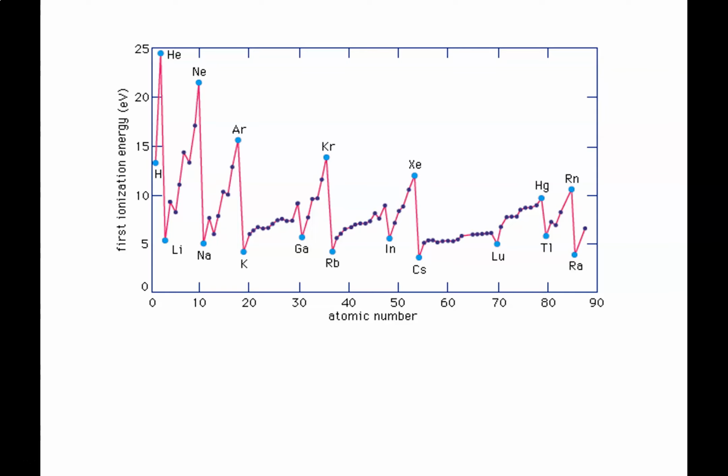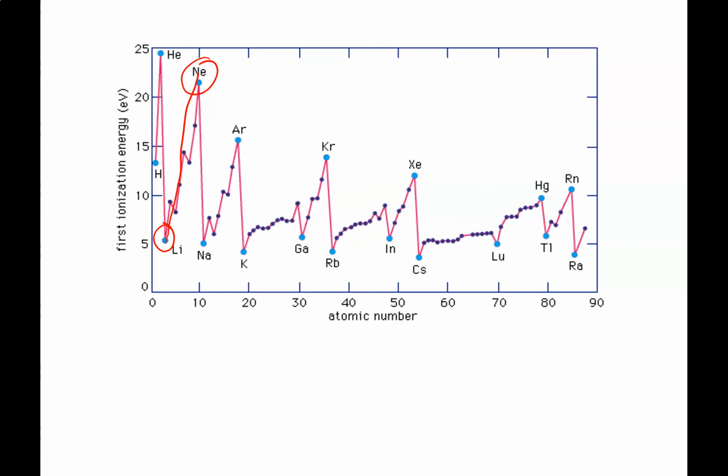So what we would expect is as we move across a period, it's going to become more challenging to remove an electron, but as we go down a group, it's going to become easier. If I look at moving across the second period, going from lithium and ending up at neon, you can see that it becomes more difficult as I move across.